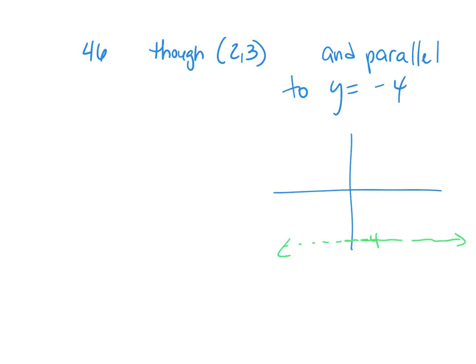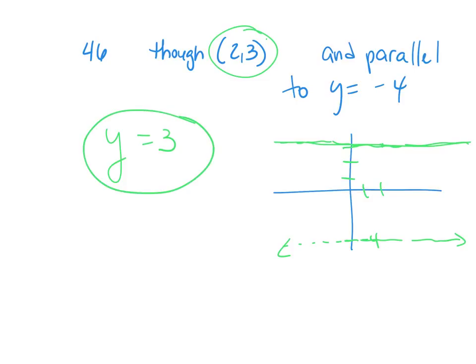So if it's parallel to that, and it goes through point 2, 3. So if you look at 2, 3, it's right here. Well, it has to be a parallel line that goes through 2, 3, which is that line right there. Well, that line there is going to be y equals 3. That's why the answer is y equals 3. If it's parallel to an x equals number, then it would have been x equals 2. But since the y of that point is 3, it's y equals 3.